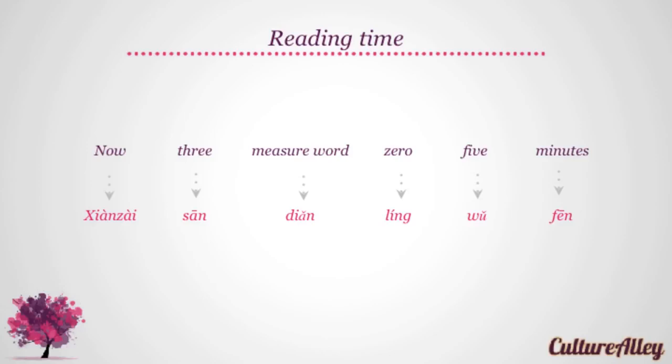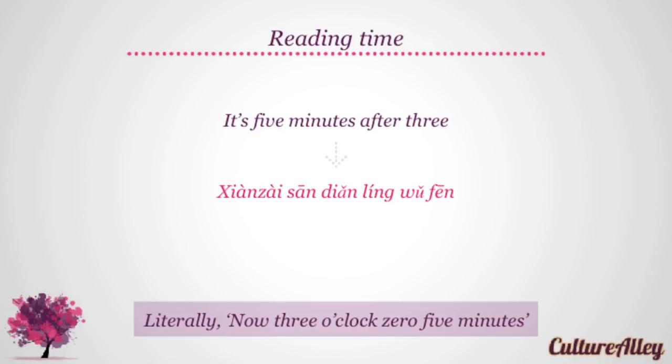Measure word inserted here is 点. 0 becomes 零. 5 translates to 五. And minutes is translated as 分. It's 5 minutes after 3 is translated as 现在3:05分.